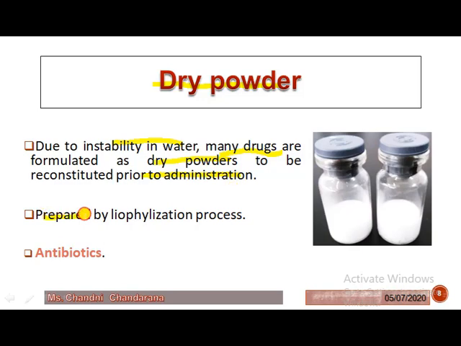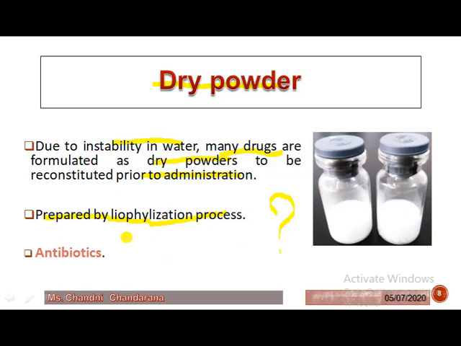So it is prepared by the lyophilization process. What is the lyophilization process? It is a process of separating a solid substance from solution by freezing the solvent and evaporating the ice under vacuum. By this process, the dry powder is made.